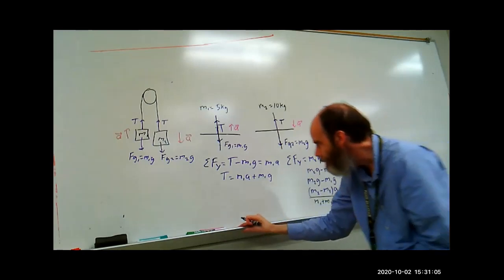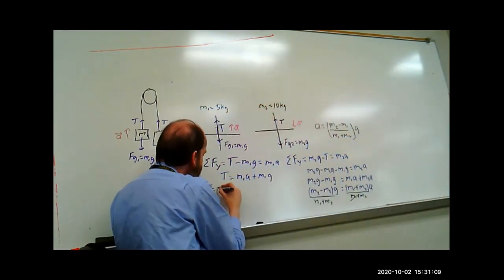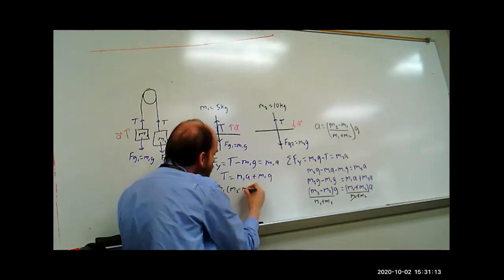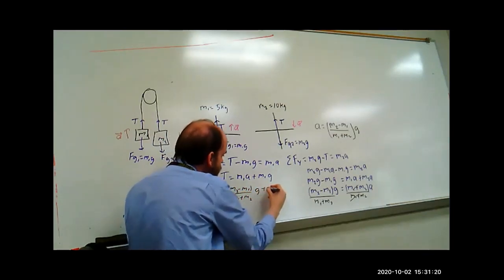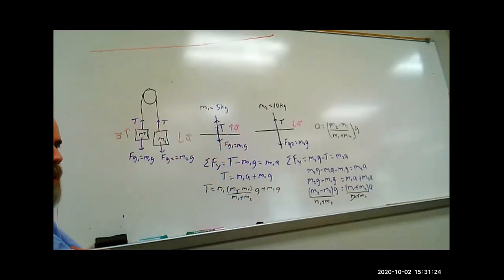So T equals m1 times a, which is (m2 minus m1) over (m1 plus m2) times g, plus m1g. Well, we can make it look really nice. Just get a common denominator.